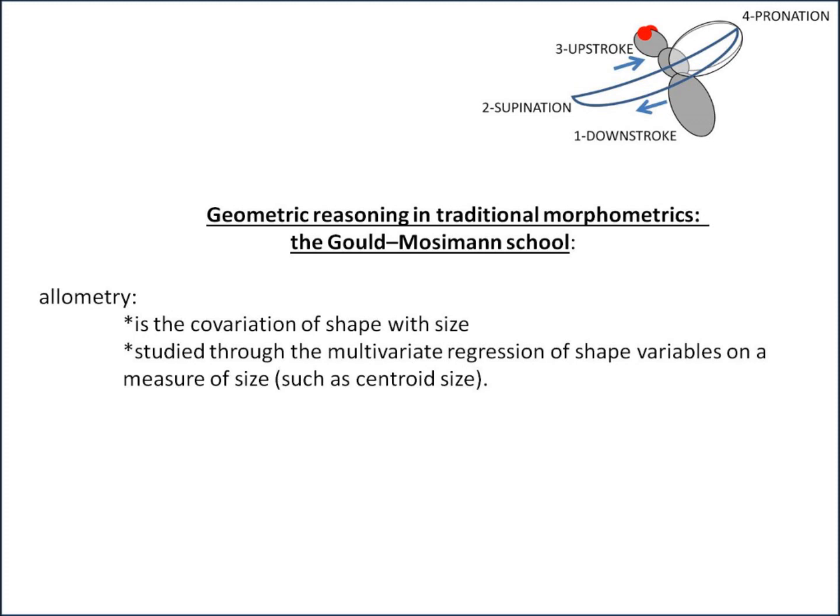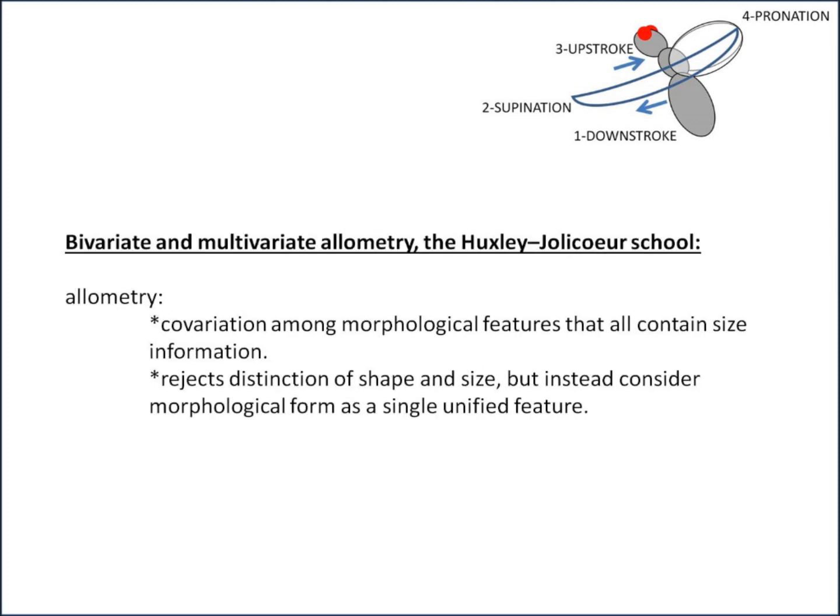For data on length measurements, often what's done is using ratios of the measurements against a metric of overall size. Now, the Huxley Jolicoeur school, which is the other one, its fundamental principle is that allometry is the covariation among morphological features which all contain size information.